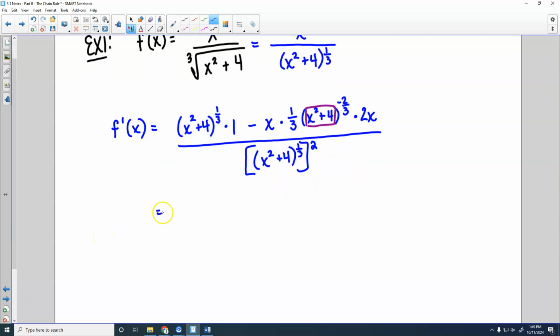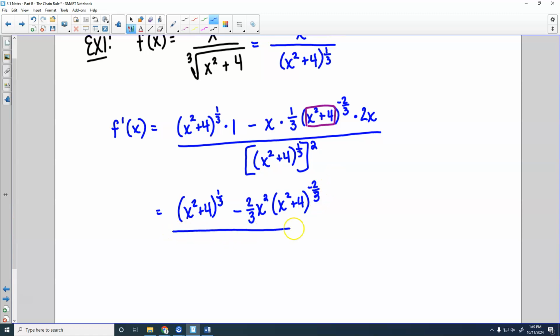For this, to clean this up a little bit here, we're going to have x squared plus 4 to the 1/3 power. And then right here, we've got x, 1/3, and 2x that all need to be combined. So that's going to be 2/3 x squared times x squared plus 4 to the negative 2/3, all over... Whenever I raise a power up to a power right here, what do I do with those exponents?